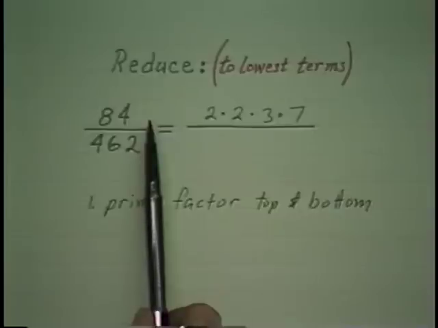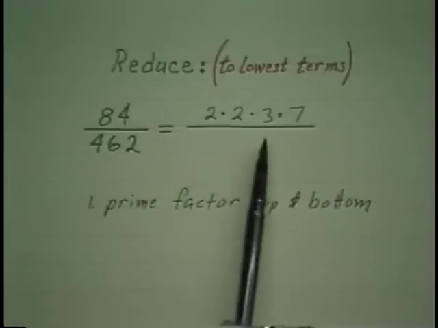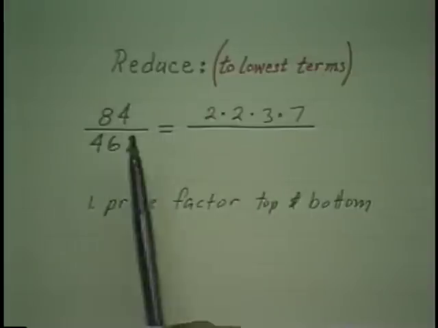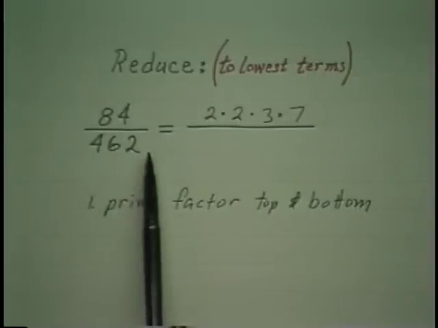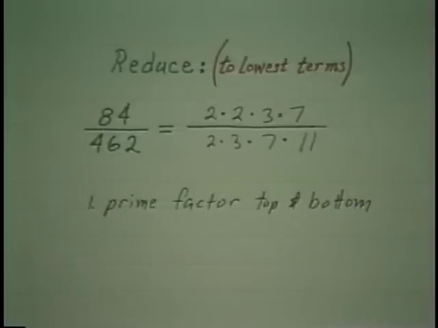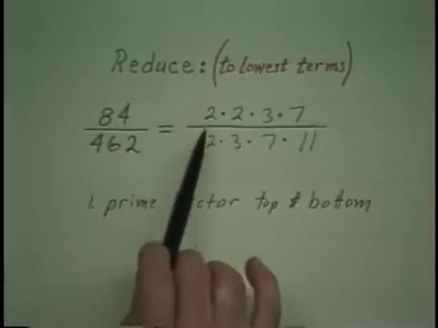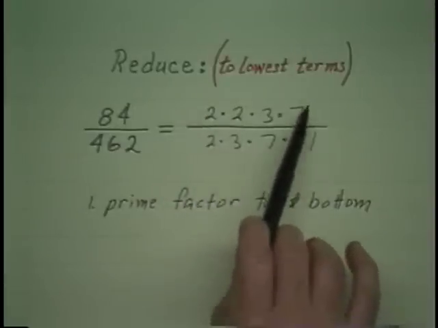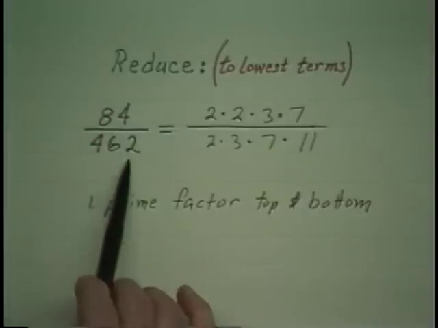But at this point, to gain speed, we're presuming that you recall our Chapter 2 lessons and that you can do this. So on the side, if we were to prime factor 462, we would get this expression.